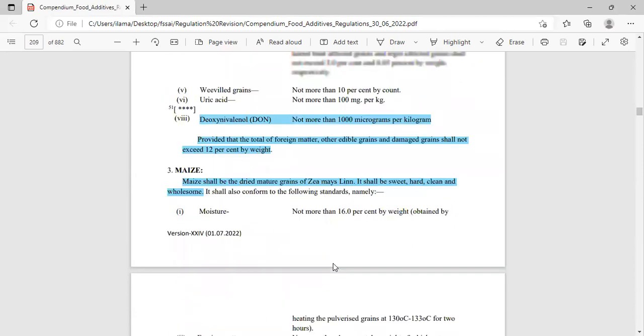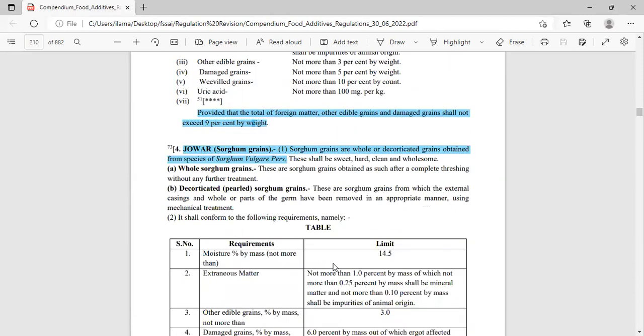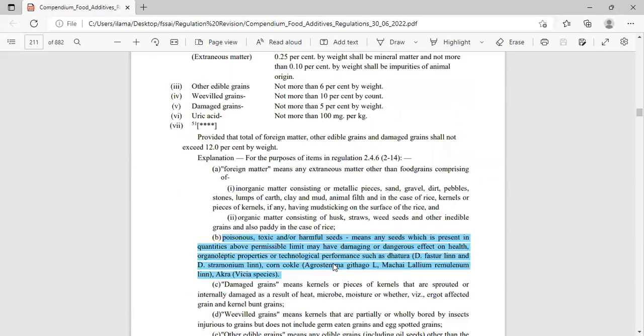For maize, the extraneous materials allowed is not more than 9% by weight. Then see what are all the poisonous and toxic substances. Here I mentioned them, so just go through this.